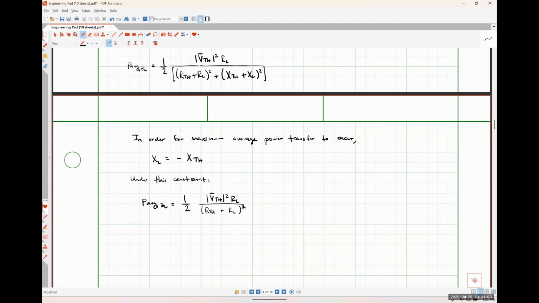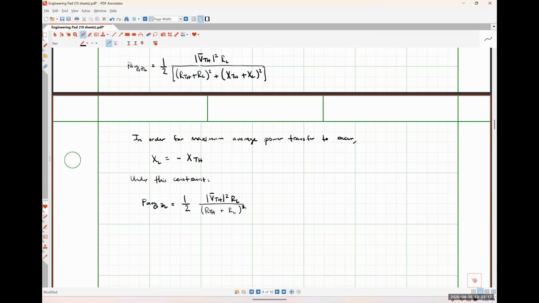So we have a simple expression now where we're only dealing with real numbers, right? So if we wanted to maximize this function, we could approach it exactly like we did in circuits 1. We could take the derivative of this expression with respect to RL and then set that equal to 0 to find the maximum value and then plug that value of RL back in.